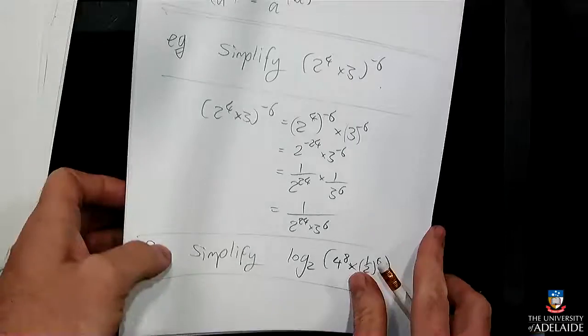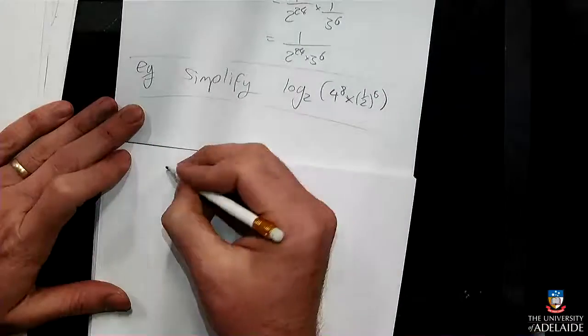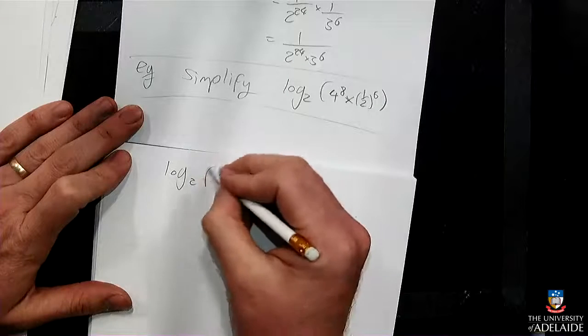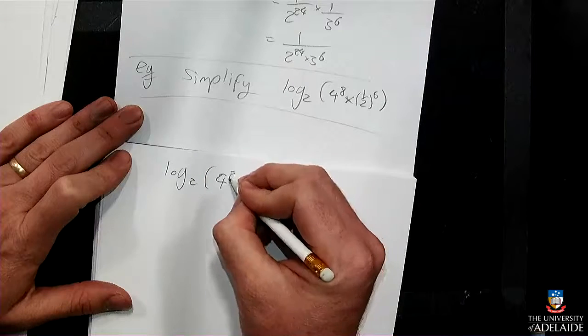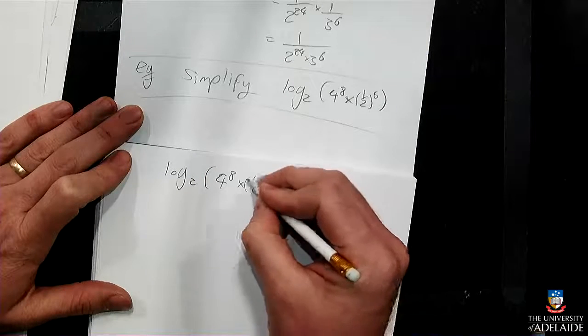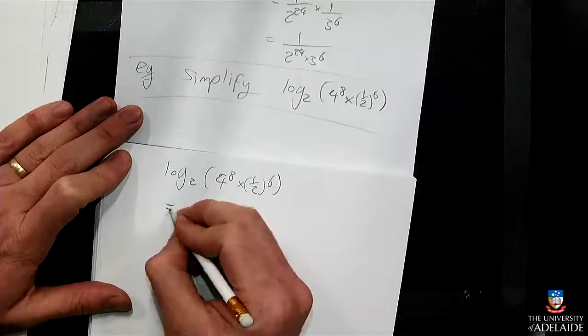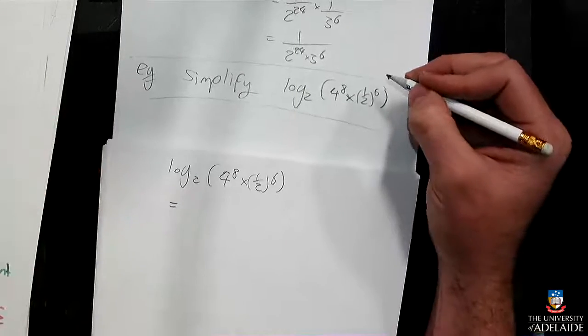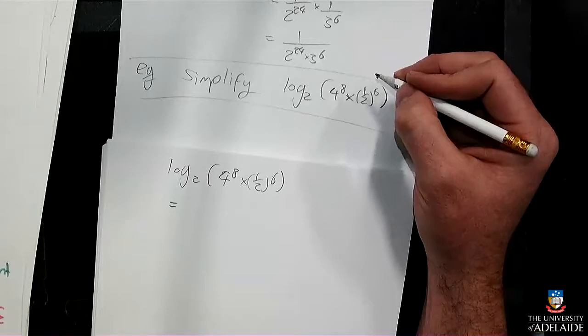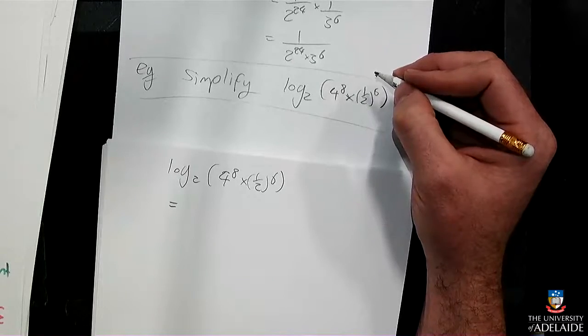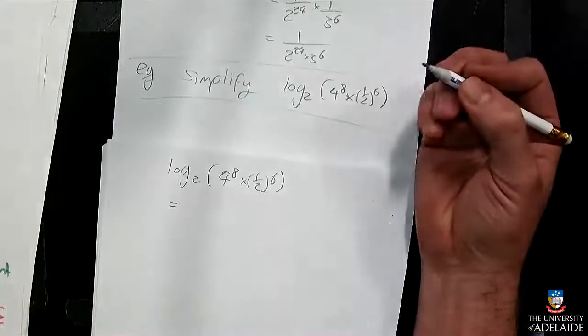Let's see what happens when we do that. So, well, logarithms do turn times into plus, so we could deal with that.